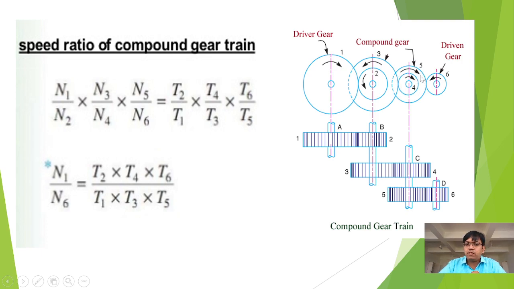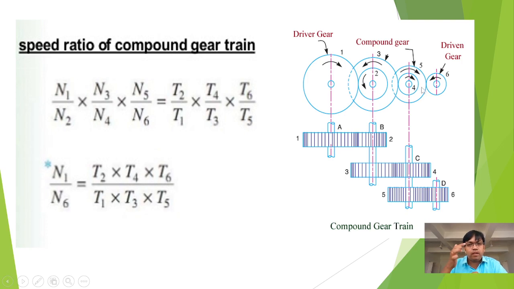Now, 5 and 6 are meshed externally, and for this combination, 5 will be the driving gear and 6 will be the driven gear. The speed ratio between 5 and 6 will be N5 by N6 is equal to T6 by T5.